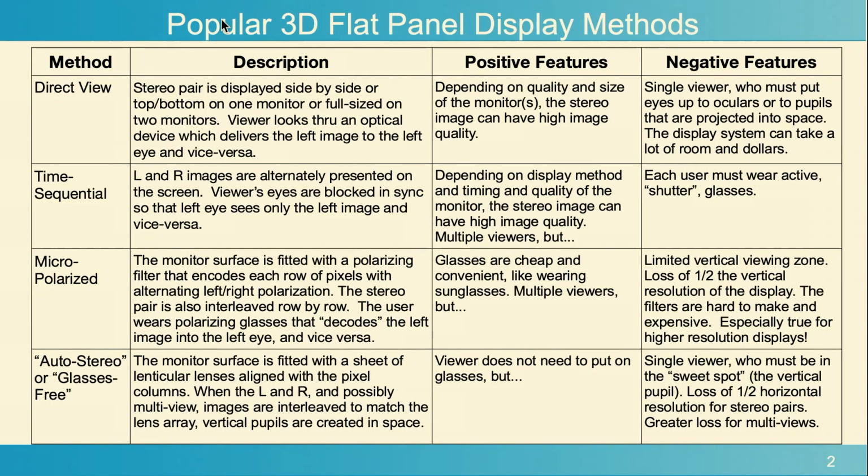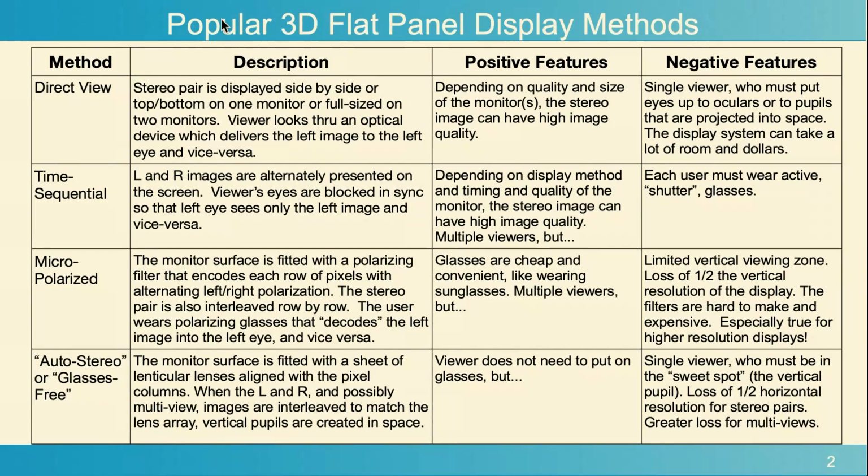One big issue with the interleaved technique is that as you go to higher resolution displays, there are two problems. One is it's harder to make the filters to match the rows on your display. The second is you lose the viewing zone. There's always a restricted viewing zone that gets worse and worse as you go to finer pixels on the screen.